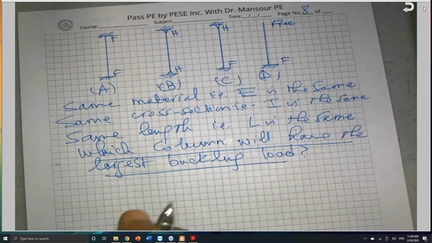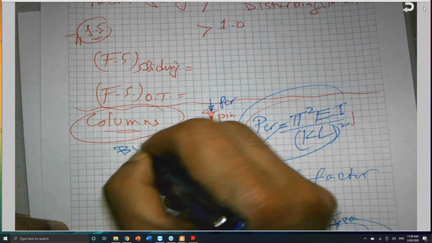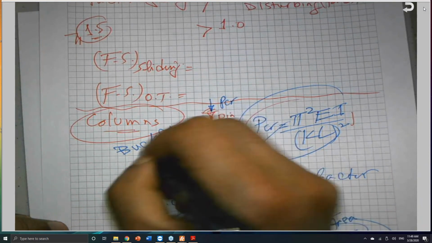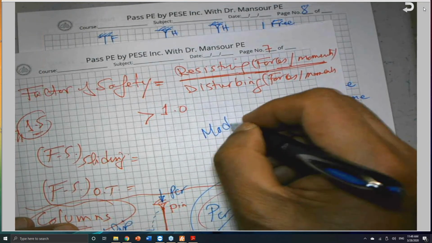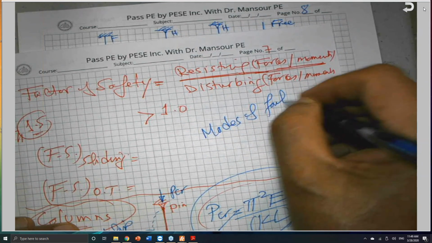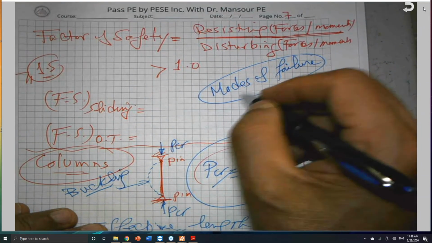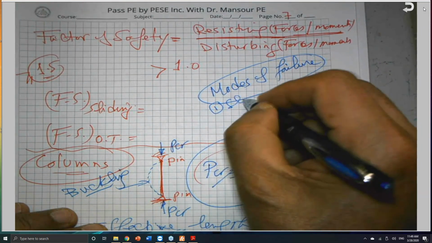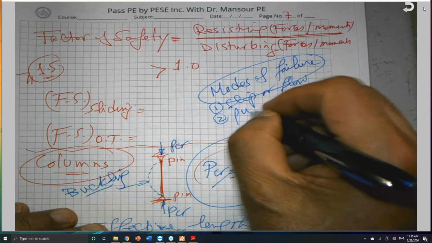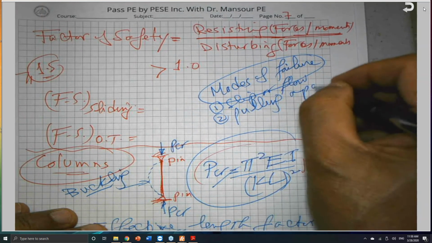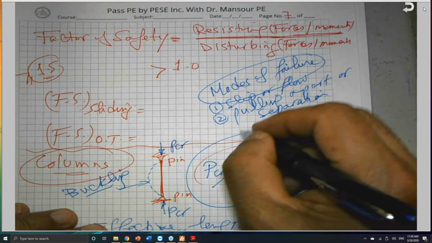Buckling is one of the failure modes, as you know; we talked about that. As you remember from strength of materials, the modes of failure are: number one, slip or flow; number two, pulling apart or separation; and finally, number three, buckling.